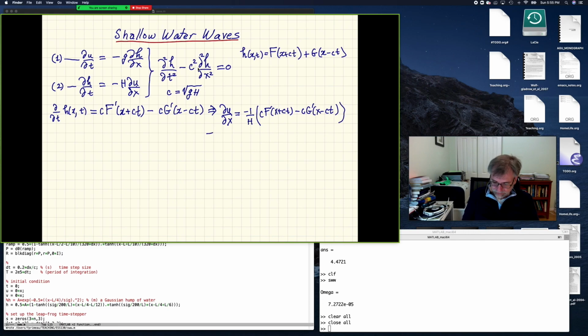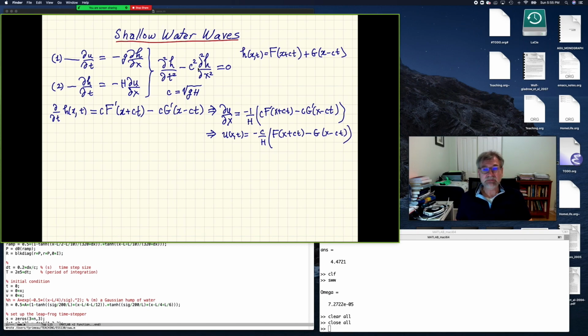And we can integrate with respect to x to get u. So u of x and t is equal to minus c over h times f of x plus ct minus g of x minus ct.